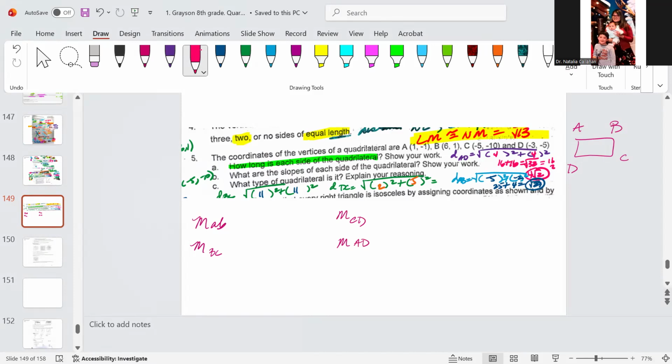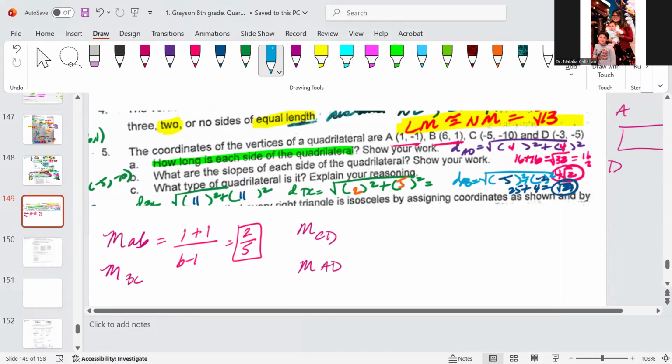So you have your points. AB is going to be this one here and this one here, right? The slope is 1 plus 1, because 1 minus negative 1 is a plus 1, over 6 minus 1, which is 2 over 5. Correct? Okay. CD is this one here and this one here. Negative 5 minus negative 5, negative 5 plus 5, over negative 3 plus 10.